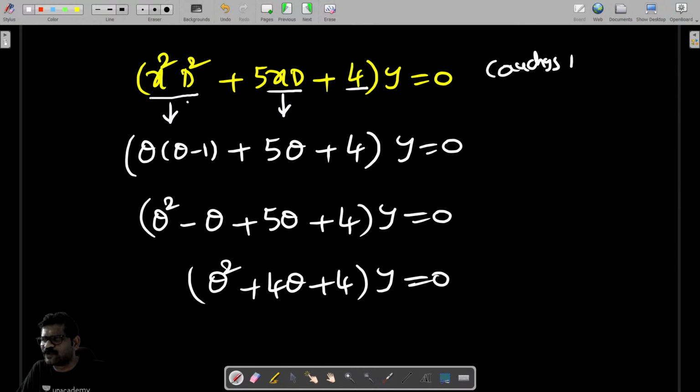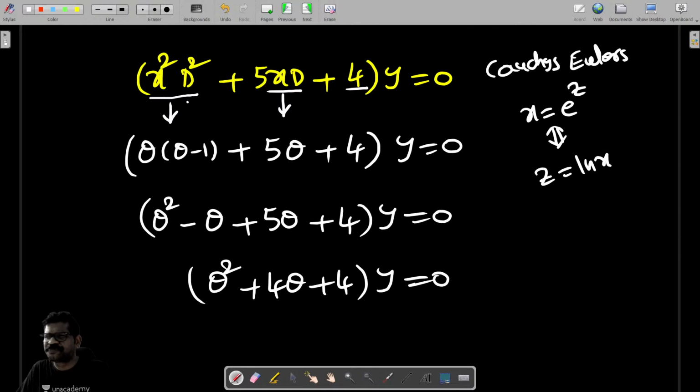In Cauchy-Euler form, x is e power z, which implies z is log x.